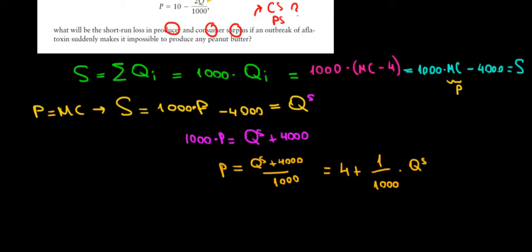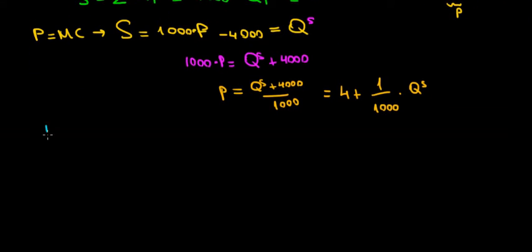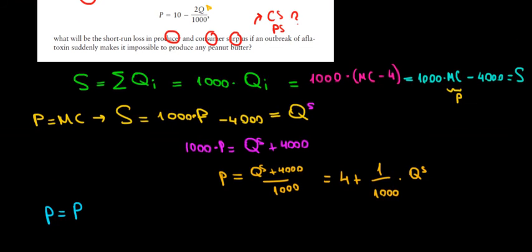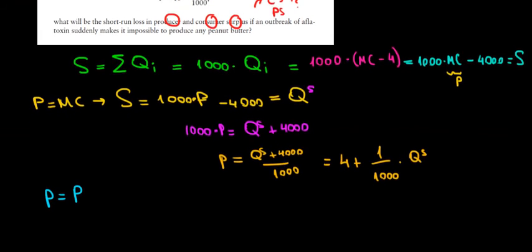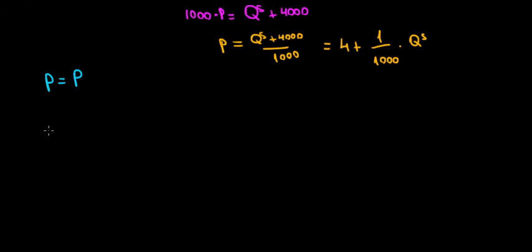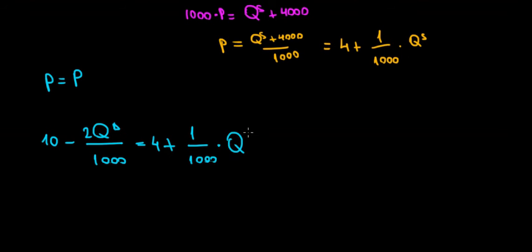So let's do that. The price with respect to the quantity demanded is equal to 10 minus 2Q demanded divided by 1,000. That would equal the price in terms of the quantity supplied, which is 4 plus 1 over 1,000 times quantity supplied. So let's work out the math now.